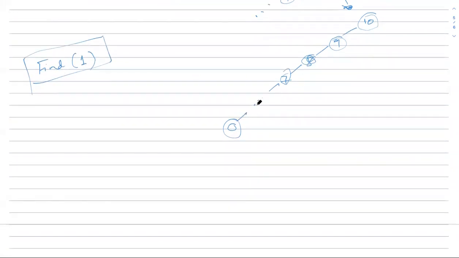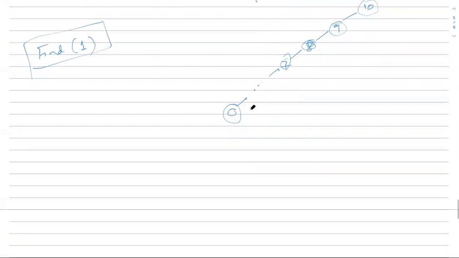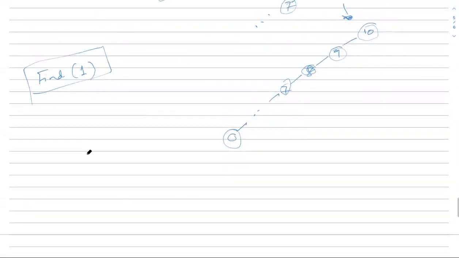Okay. Now, when we are in this state, and we want to execute a find operation, so let's say find of 1. You can see 1 was here. So clearly it's a left child of a left child, right? So let's see how you would go through the series of steps.